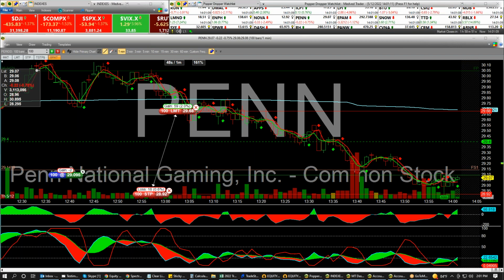All right, we're getting another up arrow, and we move back into the green. So that's a good sign. Like we're trying to put in a bottom here.